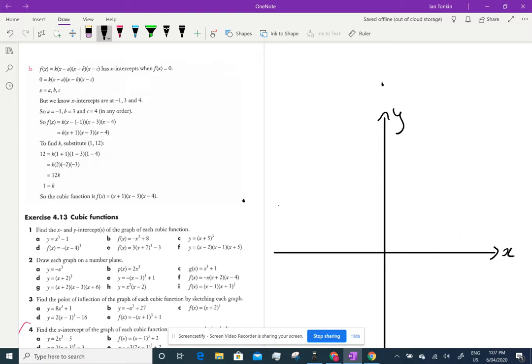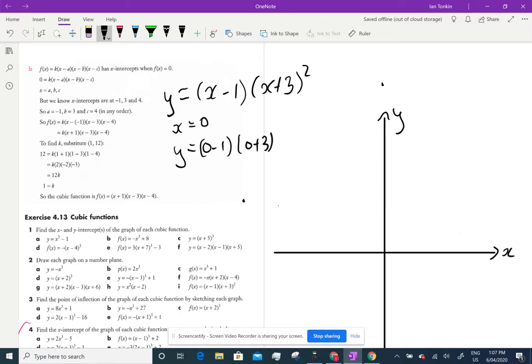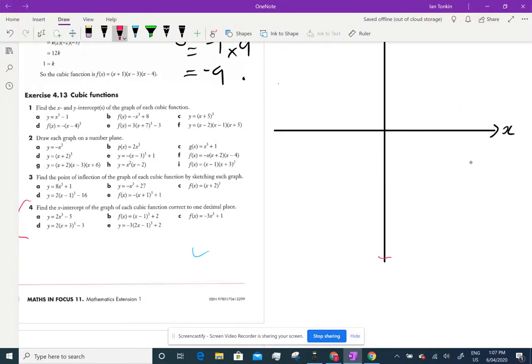I've got y equals x minus 1, x plus 3 squared. Well, when x equals 0, so this is a positive parabola. When x equals 0, y equals 0 minus 1 times 0 plus 3 squared, which gives me minus 1 times 9, negative 9. So it's going through negative 9, somewhere way down here.